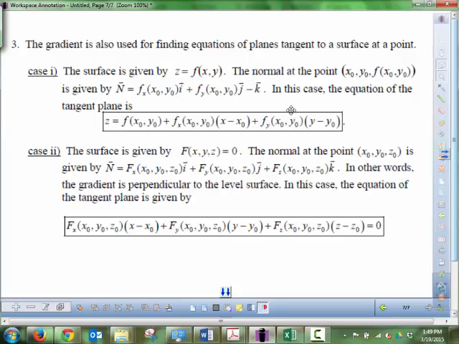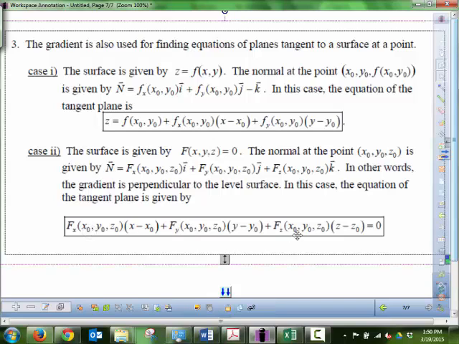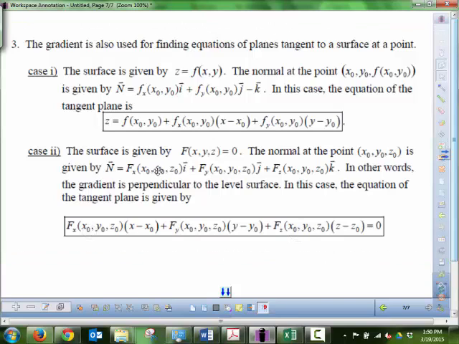And then you can write that as your tangent plane equation, like the way we saw it the first time. And if you're talking about a level surface, then your normal vector is fx, fy, fz. And then you can create your equation of the tangent plane this way. Okay?